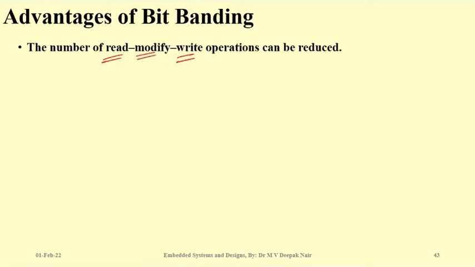In between, these three take certain time to read something, then modify something, and then write that data. To reduce these three operations, rather than going to read, then modify or write, you can go to one particular address, write it, and your job will be done.